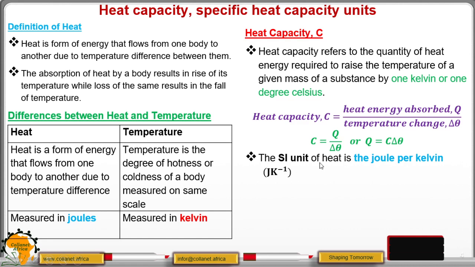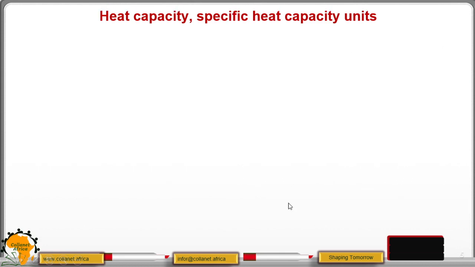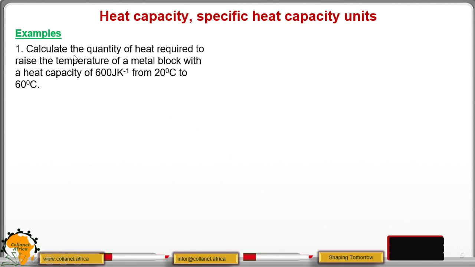Therefore, the SI unit of heat capacity will be joules per Kelvin, written as J/K, where K is our Kelvin. Note that different materials have different rates of heat absorption, and therefore, we have different heat capacities for different materials.